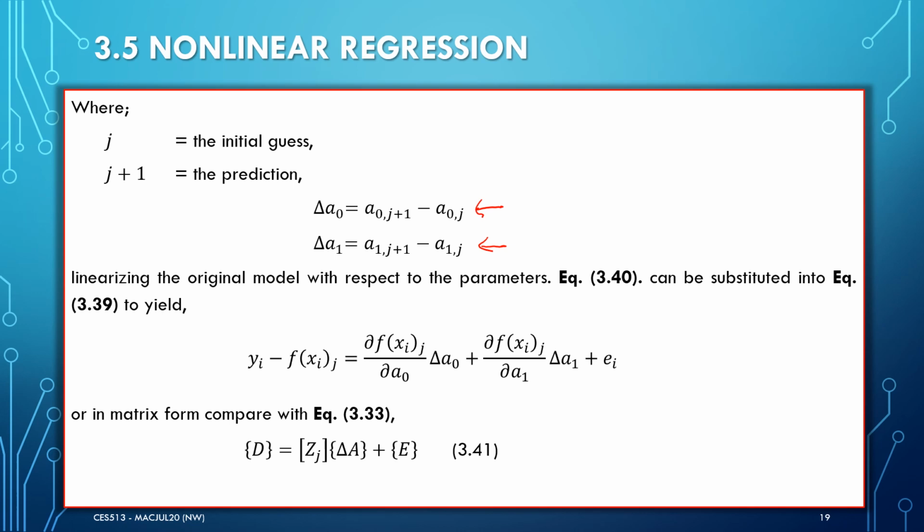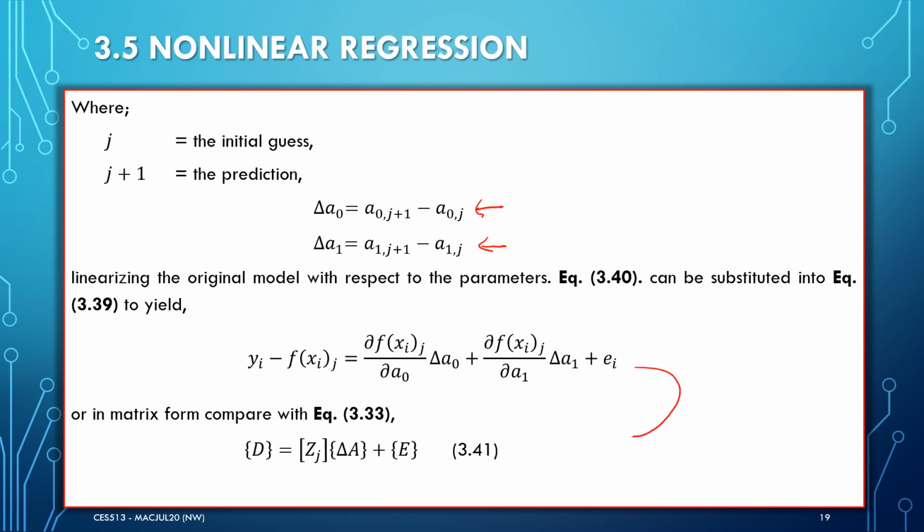Linearizing the original model with respect to the parameters, equation 3.40 can be substituted into equation 3.39 to yield yi minus f(xi) at j equal to the derivative of f(xi) at j with respect to a naught multiplied by delta a naught, plus the derivative of f(xi) at j with respect to a1 multiplied by delta a1, plus ei.